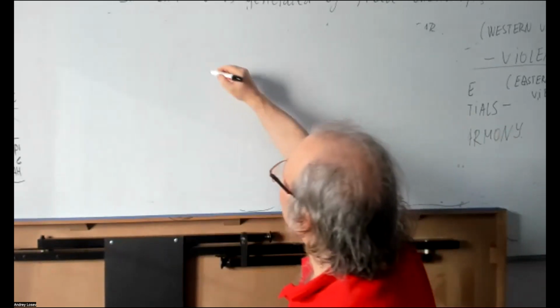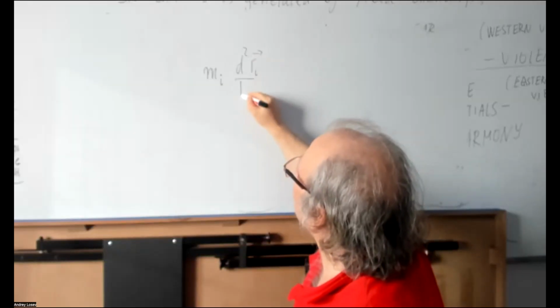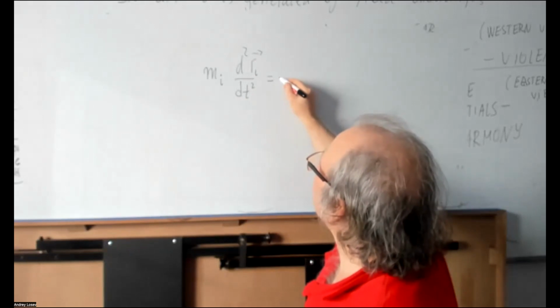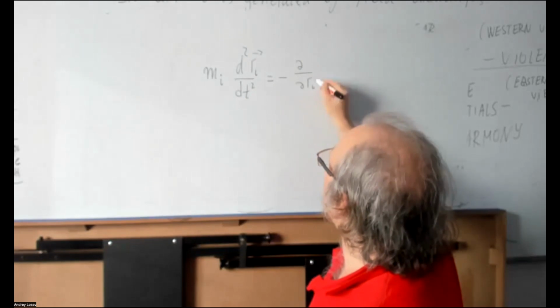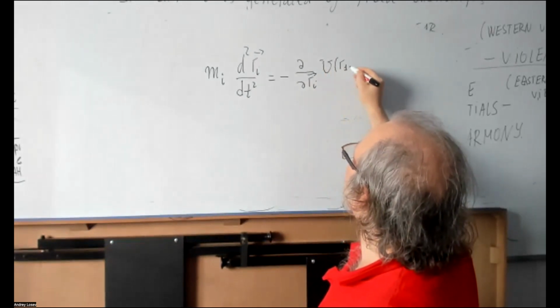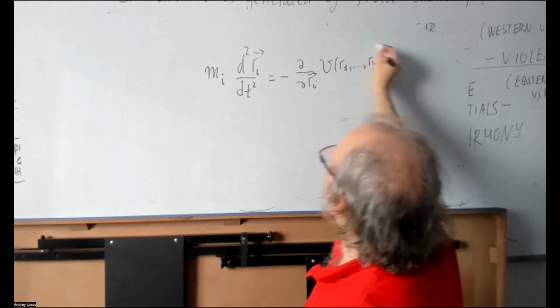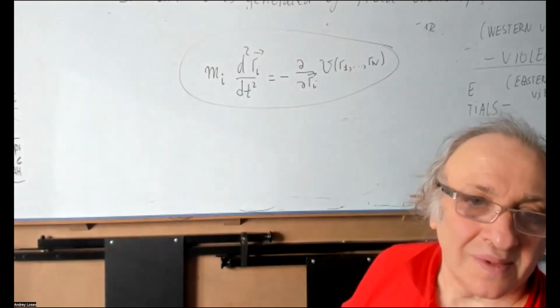And this is: m_i times the second derivative of r_i over t squared is minus d over dr_i of the potential that depends on r_1 through r_n. So this is the only law that I wrote.